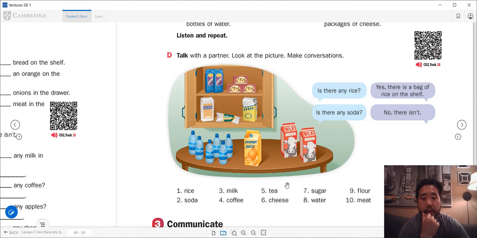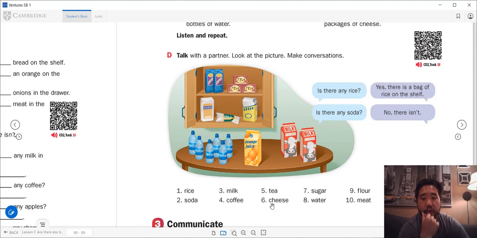There are 2 of them. Number 5, tea. There are 3 boxes of tea right here. So is there any tea? Yes, there are 3 boxes of tea on the shelf.